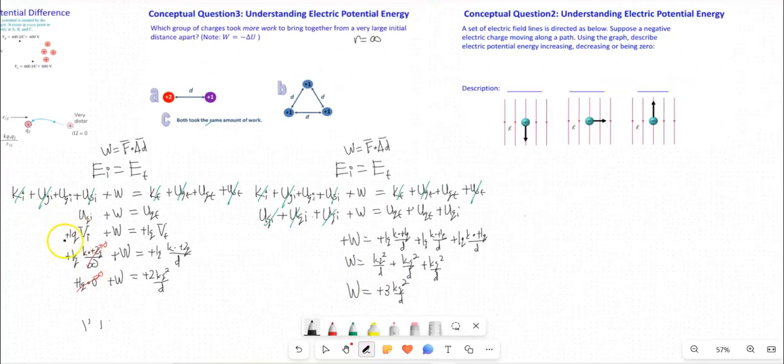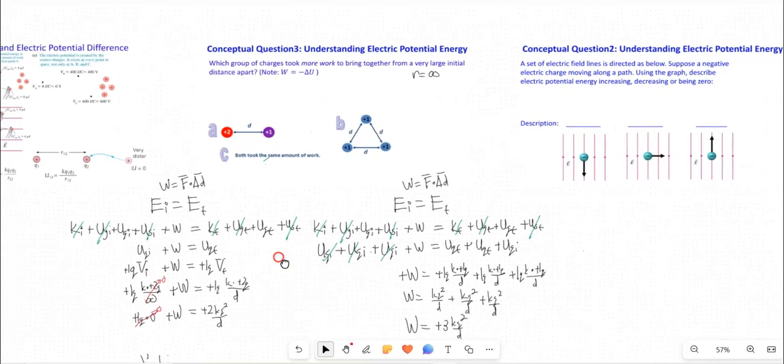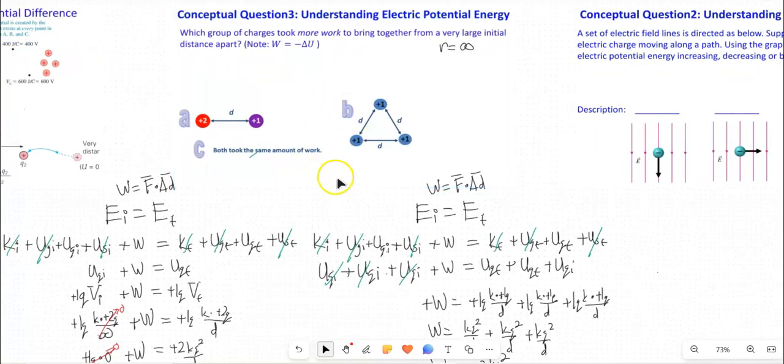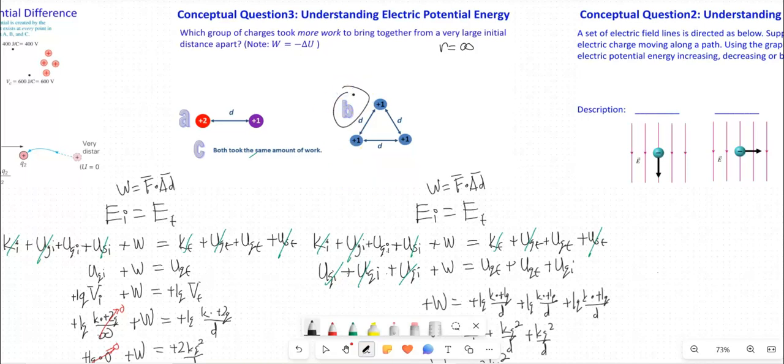So B would take more work to do. When we get into the energy part of this in the next part, I'll get more into the procedure to follow. So B.